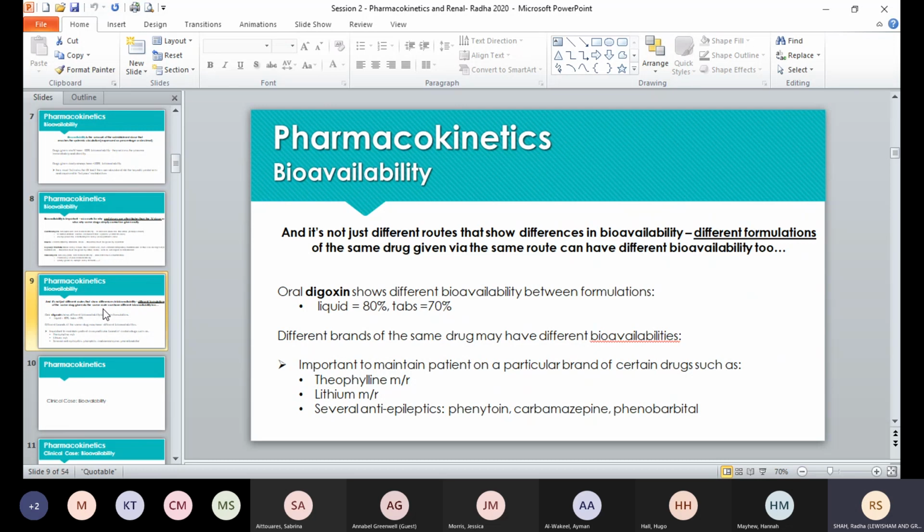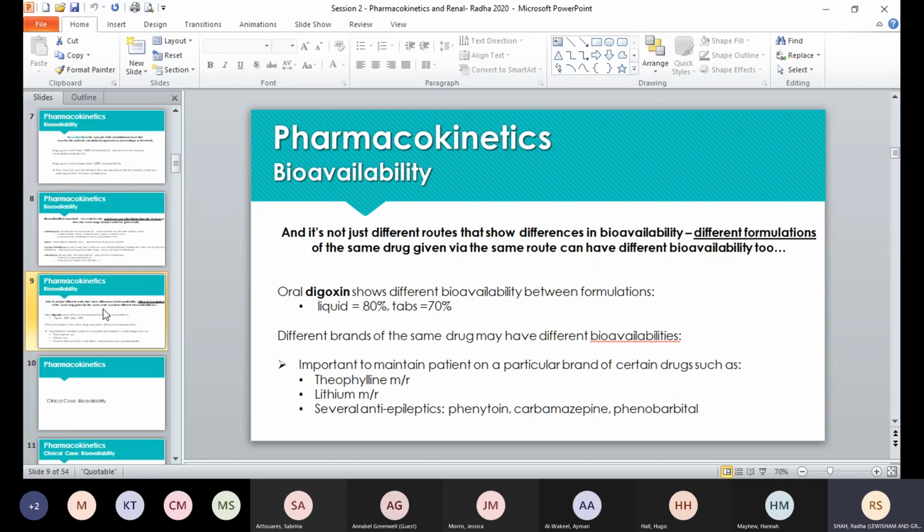So now if we look more into bioavailability, different formulations can have different bioavailabilities. A good example of this is oral digoxin. Digoxin comes in tablets and liquids. However, there's a difference in bioavailability between the formulations.